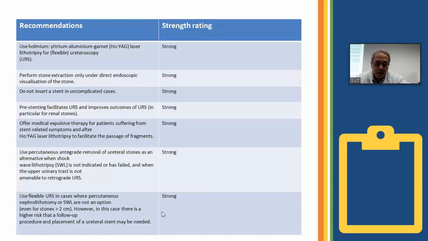But yes, it needs a little bit of time so that everything is there at the back of your mind. You have been through a lot of cases, you have seen a lot of cases, maybe you have done a lot of cases also, and you see through your personal experience that you want to stent in all cases, no matter what happens. This is no criterion of 2 cm or whatever.